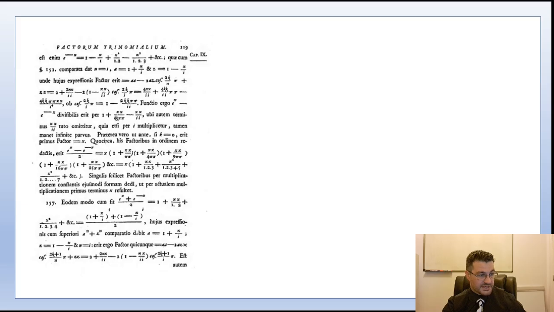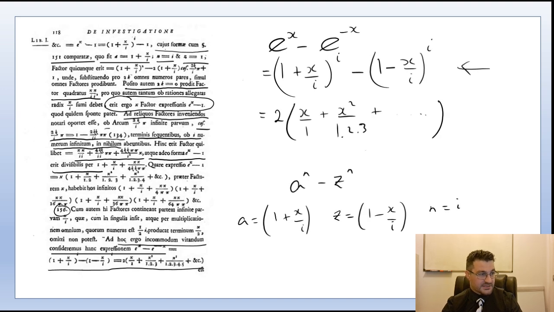Okay, so let's move on. We're on to section 156 now. He just emphasizes here that e to the minus x is equal to 1 minus x over 1 plus x squared over 1 times 2 minus x cubed over 1 times 2 times 3 and so on. So again, it's this expression here that we're trying to factorize effectively.